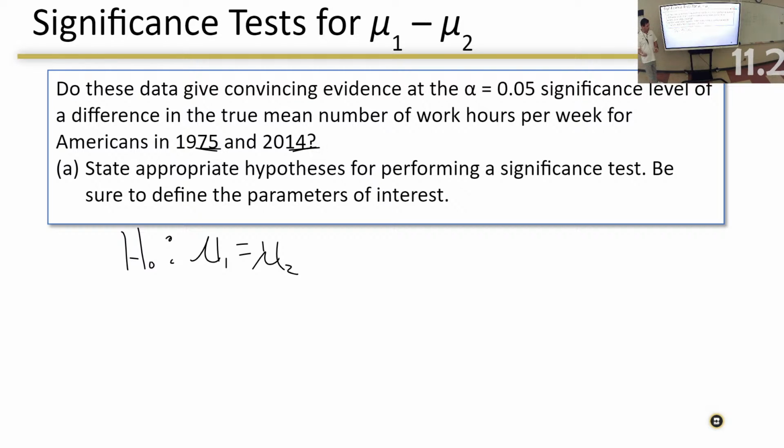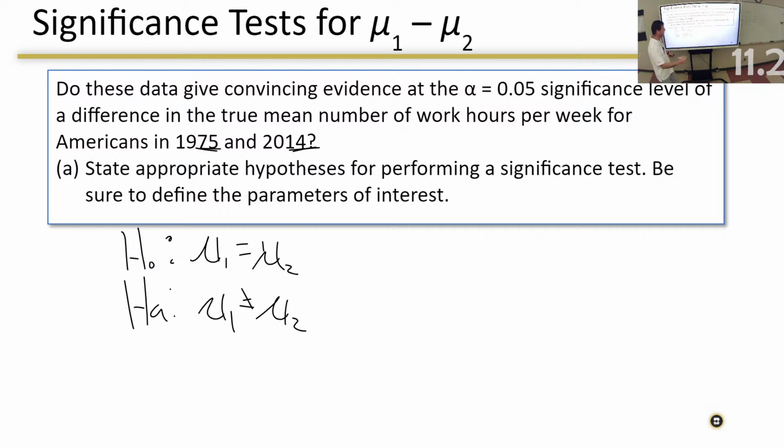Older, newer, whatever. And then Ha: mu 1 does not equal mu 2. Do these data give evidence of a difference in the number of work hours? They don't care whether they're working more or less. They're just trying to see if there's a difference.